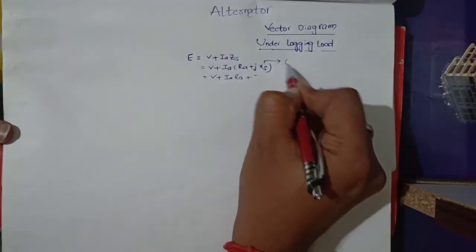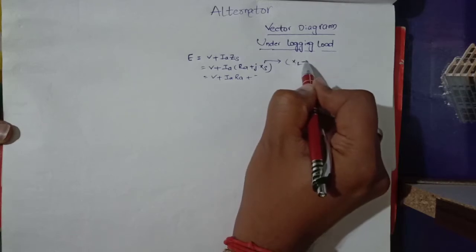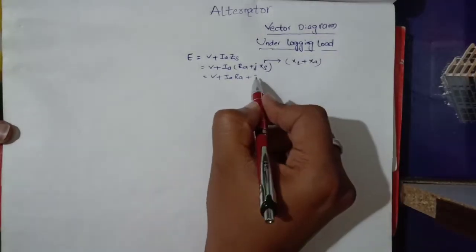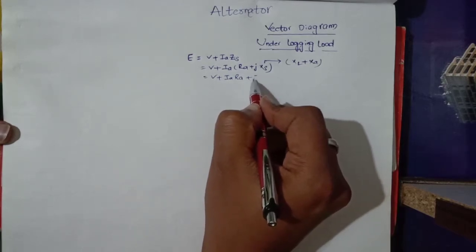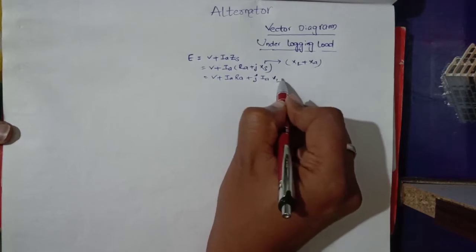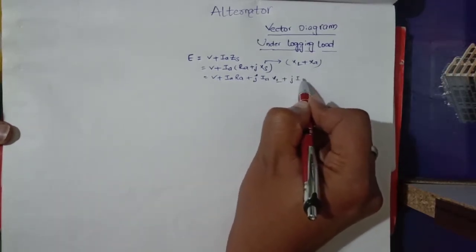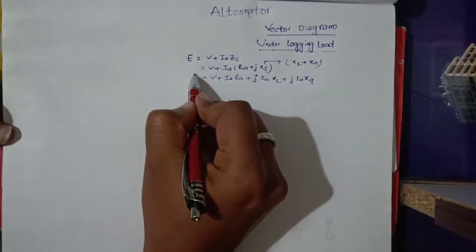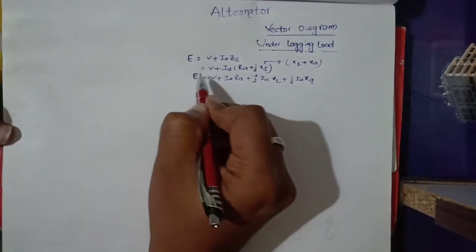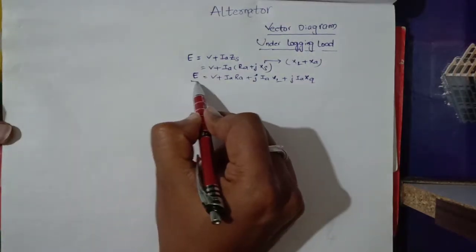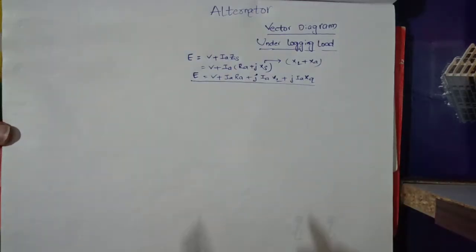XS is the combination of leakage reactance plus armature reactance. So from this I'll be writing jIA XL plus jIA XA. This is the voltage of an alternator under no load condition. From this we'll be drawing the phasor diagram.